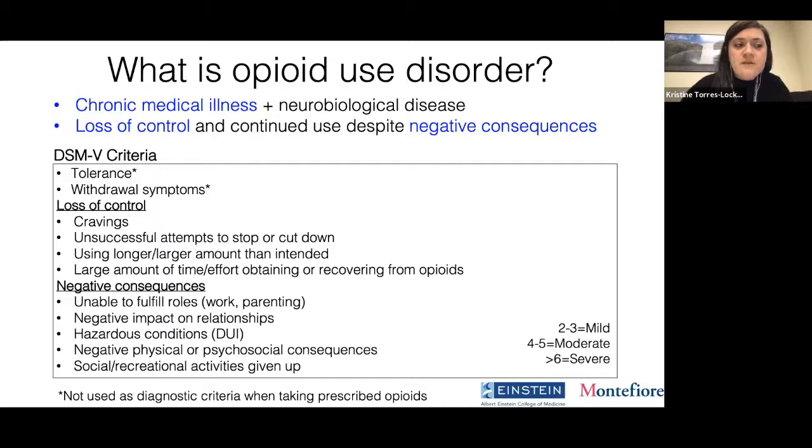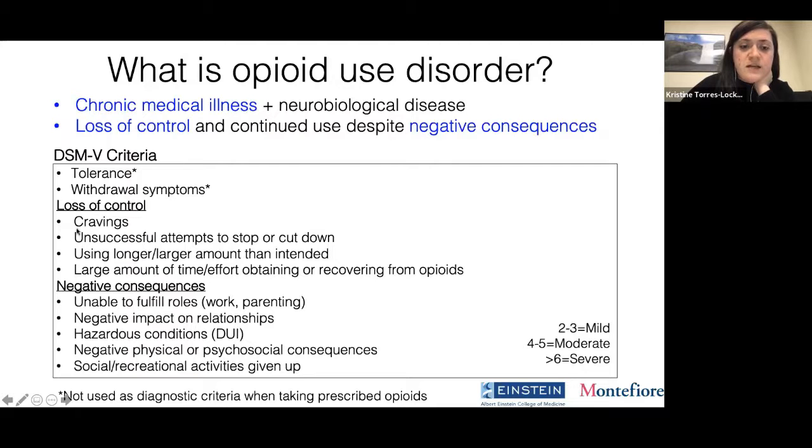So say for our patient, our lady that comes in with the pneumonia, she has tolerance, right? She's using more than she used to just to get the same effect or to stave off withdrawal. She certainly has withdrawal because she's experiencing it in the hospital. She endorses cravings to you.